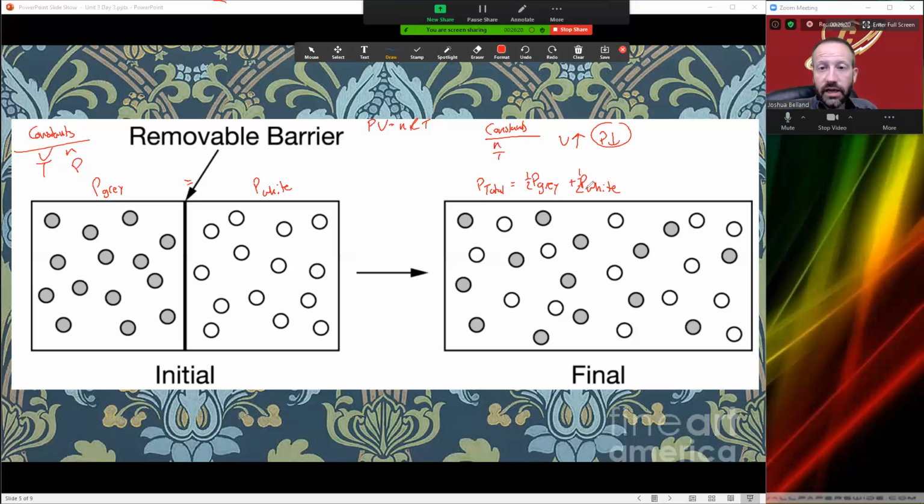I expect it to be half the pressures they were over here. Do you see how this thought experiment works? If we got some numbers now, we could still find the new pressure. I would just need to know some numbers for either the old pressures, or I would need to know the new pressure and I could divide it and calculate what the old pressures were, one way or the other.